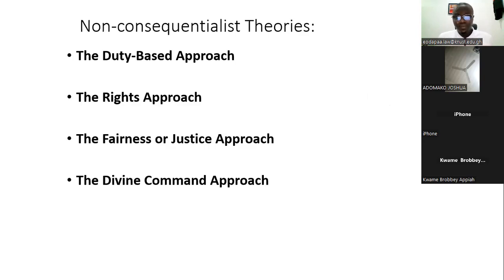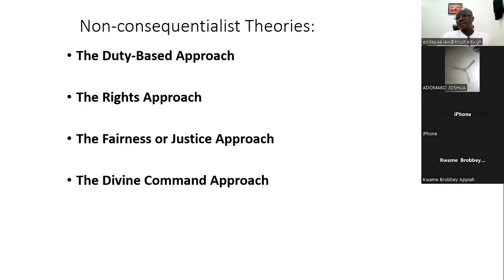Then we also have non-consequentialist theories. So if you look at all the various variants of consequentialist theories we're looking at, you notice that the emphasis is on the outcome of a particular action or activity, as it were.